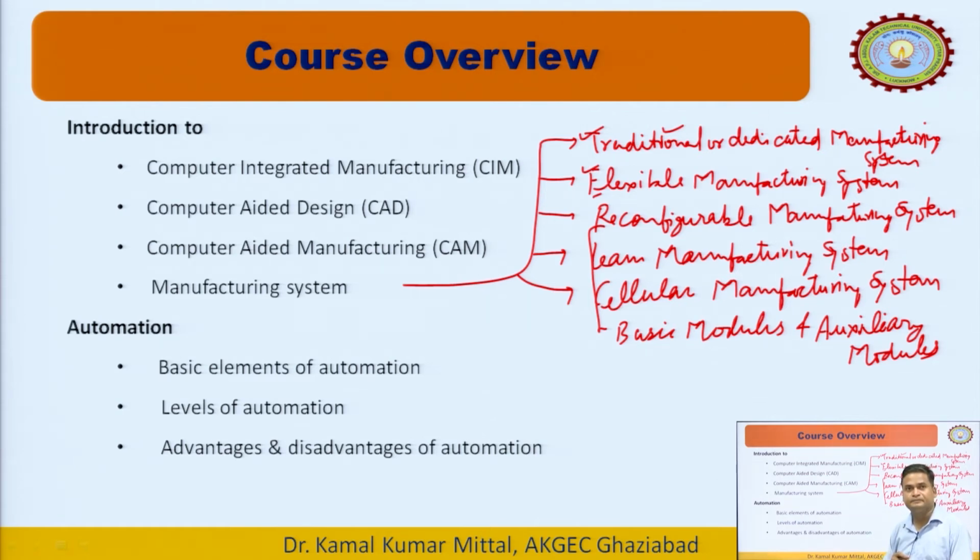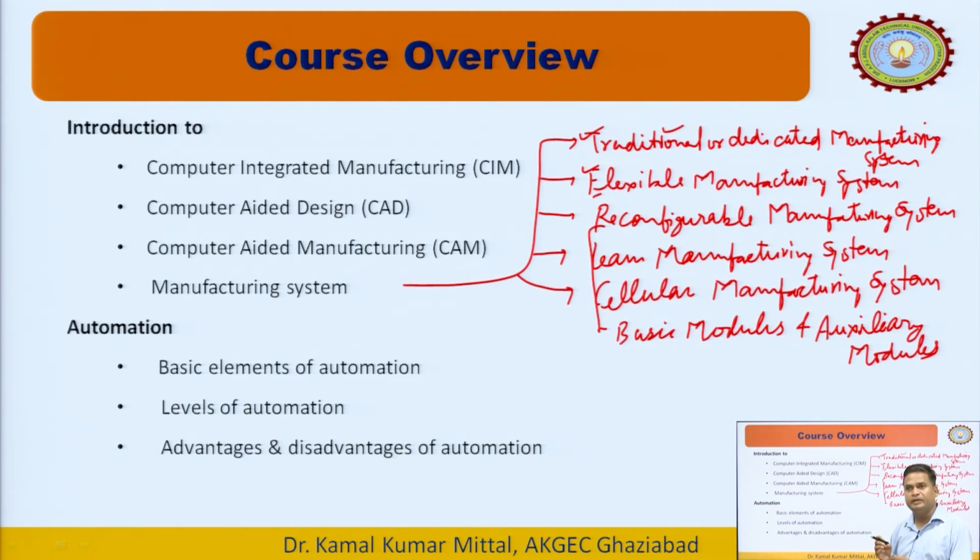For example, if we take a lathe machine, the bed and column are basic modules, while the tailstock, tool post and spindle modules are auxiliary modules, small modules that we can easily adjust as per the instructions, add or remove.